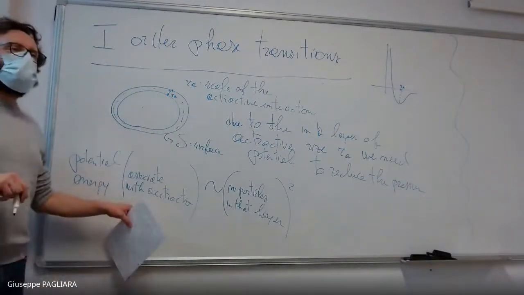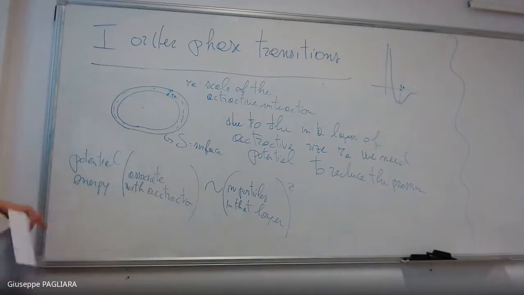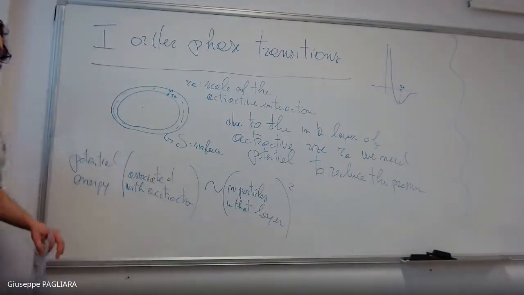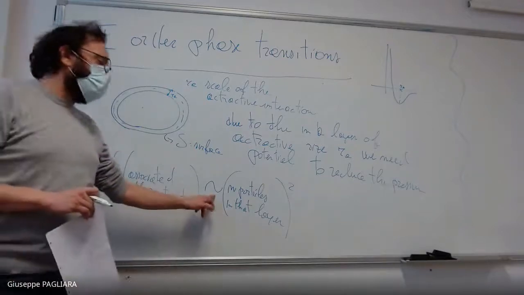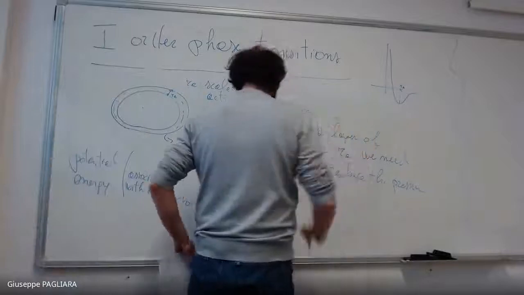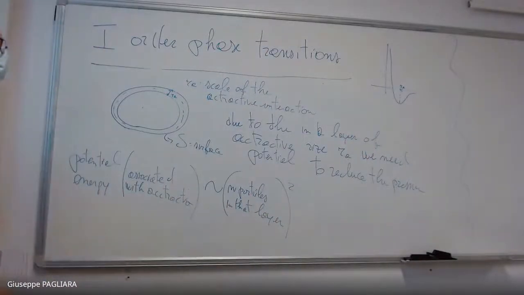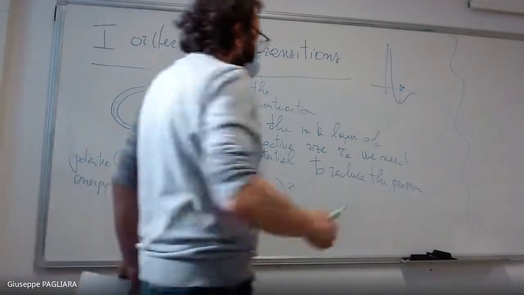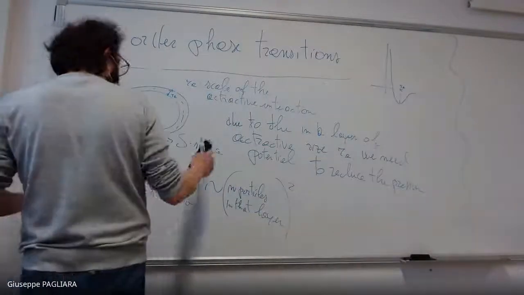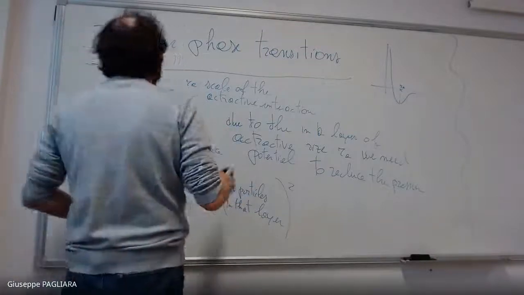The potential energy associated with the attractive potential scales as, proportional to, the number of particles in this layer, squared. Now, what is the number of particles in that layer?